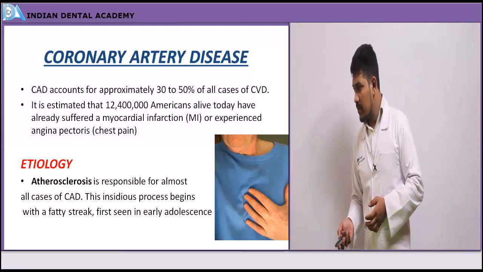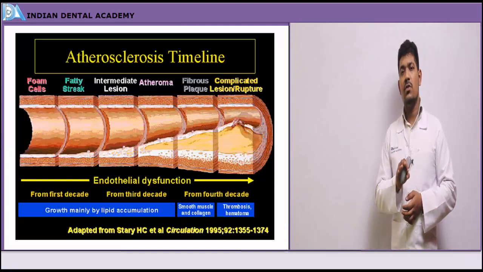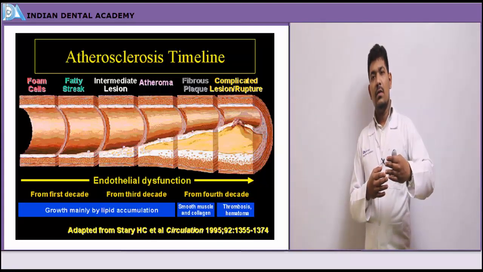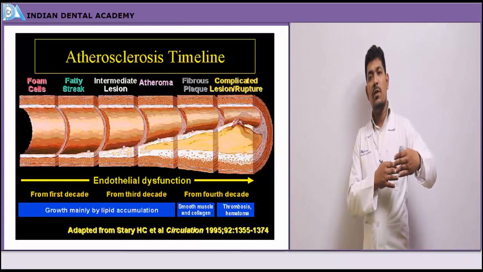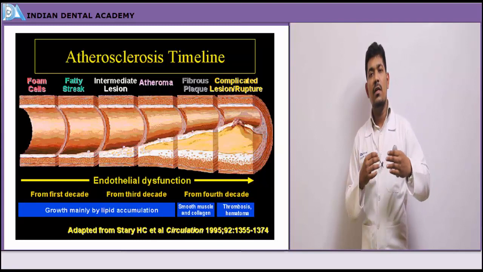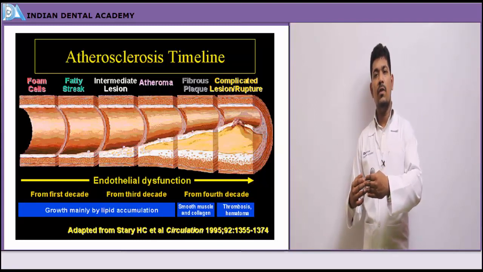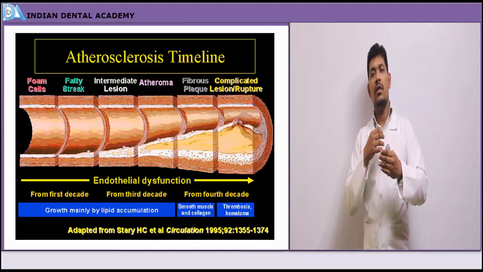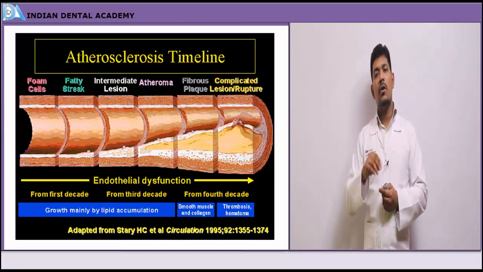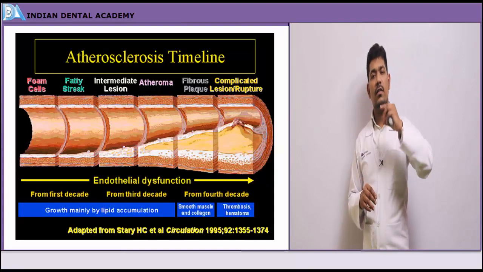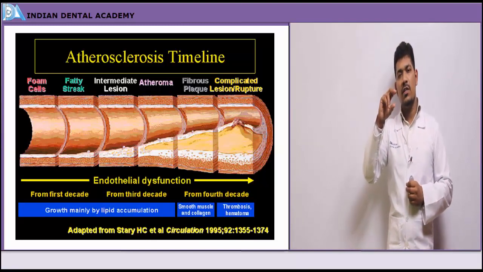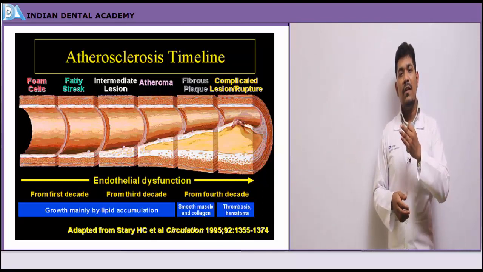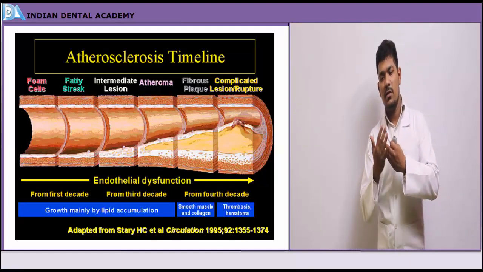Now this atherosclerosis is responsible for almost all the cases of CAD, wherein if you see the diagram, the most important principle by which the blood flows within the circulatory system is a streamlined flow of the blood, wherein the heavy molecules or the corpuscles, the red blood cells or the WBCs or all these cells do not come in contact with the walls of the blood vessels, wherein they flow in a streamline at the core or the center of the lumen, so that there's a prevention of any contact between these corpuscles and the endothelium.